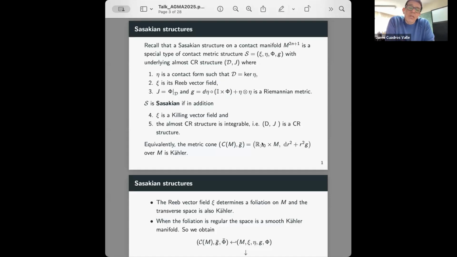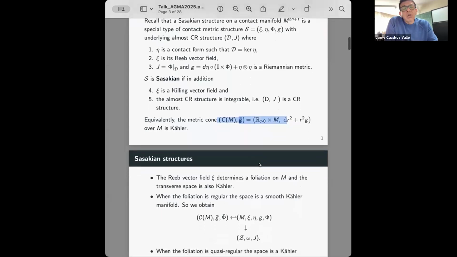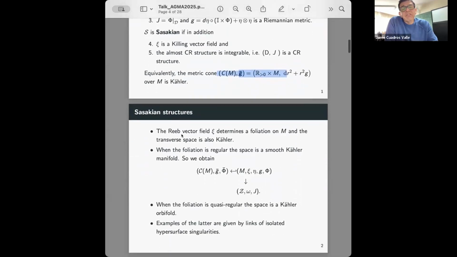And if the original manifold M is a Sasaki manifold, then the cone metric defined here will be Kähler. Also, as I was telling you, the Reeb vector field, which never vanishes, determines also a foliation, and the quotient space determines a Kähler structure too. So usually you say the transverse structure is Kähler.